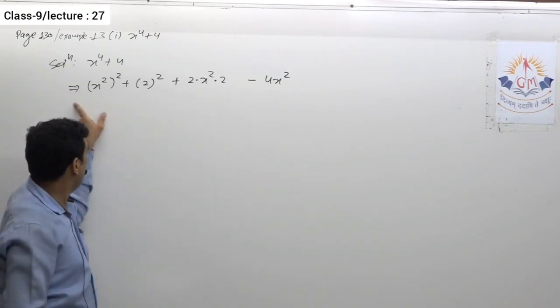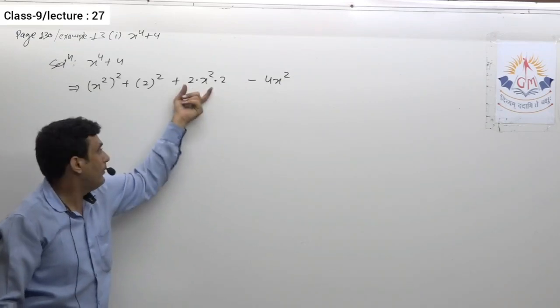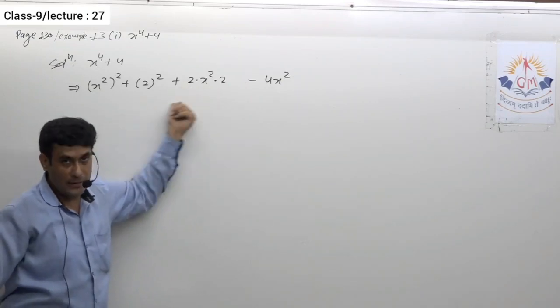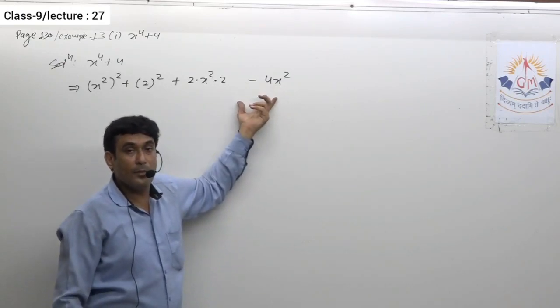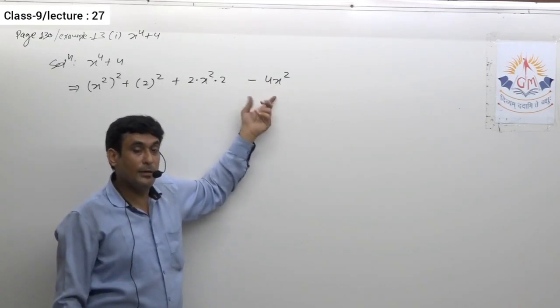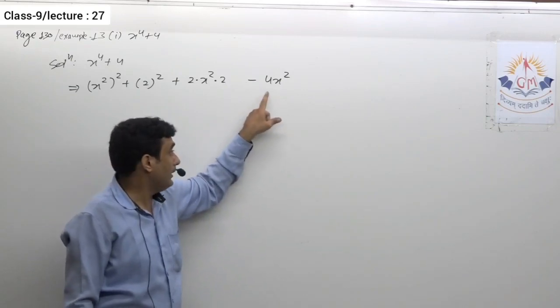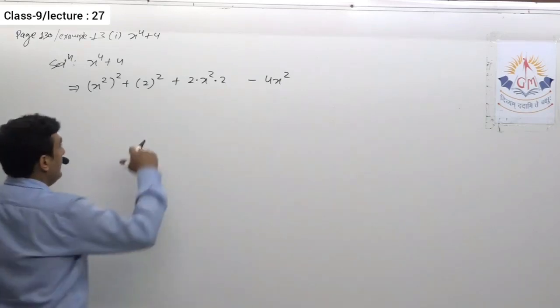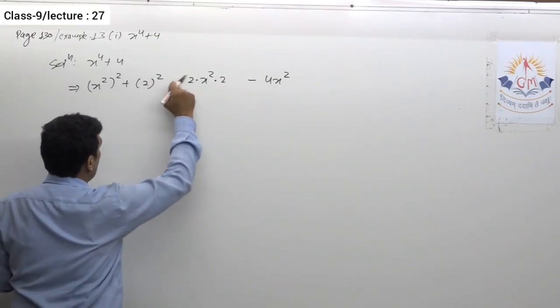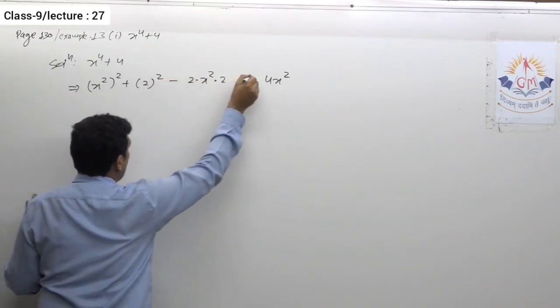So definitely this is a complete square because I added this in such a way that I get a complete square. And what I have to check is whether whatever is remaining is a complete square with negative sign or not. Yes, it is a complete square as well as with negative sign. Now for a while, instead of doing plus 2ab, if I do minus 2ab, I have to add this.